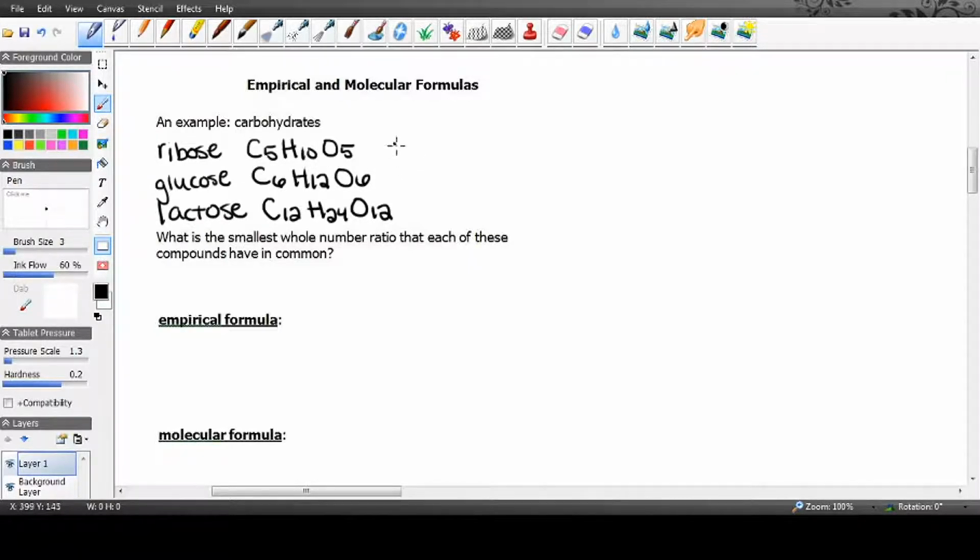And what you might have noticed, besides the fact that these all are carbon, hydrogen, oxygen compounds, is that they all have the same proportion or the same ratio of 1 carbon to 2 hydrogens to 1 oxygen. That's that smallest whole number ratio that they each have in common. This reduced smallest whole number ratio is called the empirical formula of the compounds.